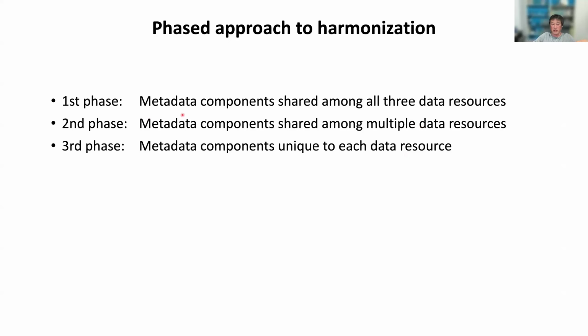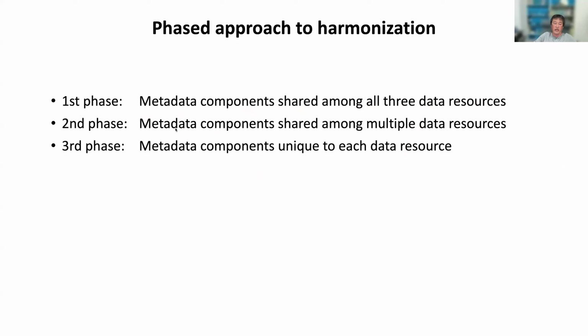The first step, which is more natural, is to start with the metadata components shared among all 3 data resources. That is the 12 items I listed, the starting point. In the second phase, we should go into the components shared among 2 data resources.